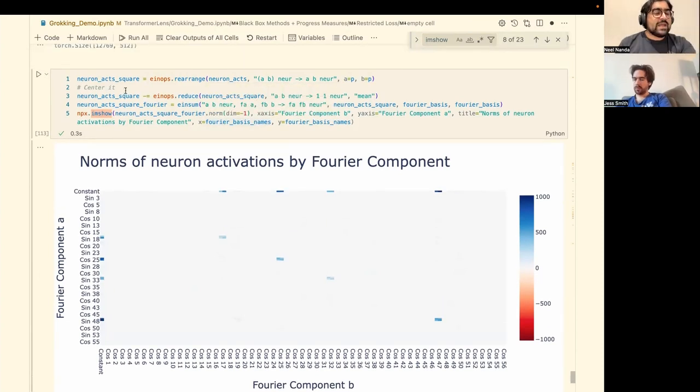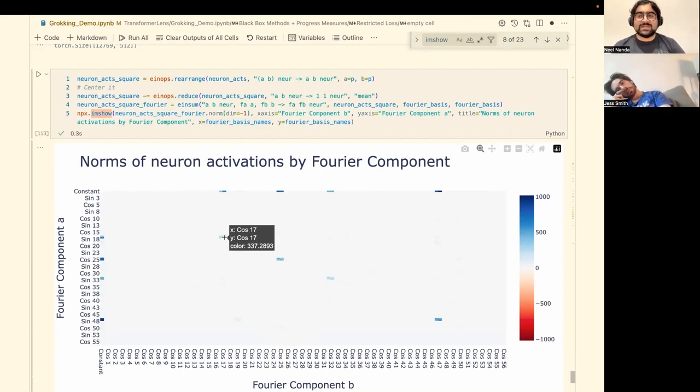each Fourier component across the a and b input space, so that's a function like cos 17a times cos 17b. X means b and y means a, sorry. Each of those corresponds to a vector of neuron activations.